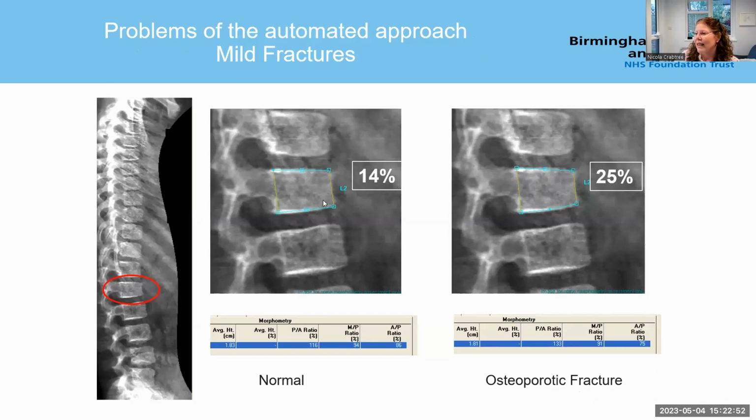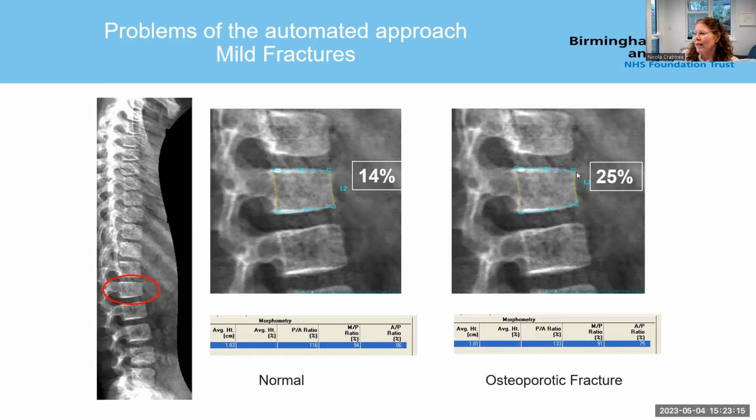So this is actually the same vertebra that you're looking at. And here we can see the points of the anterior vertebral body have been marked, and they appear to be in the right position. And if we look at the ratio between posterior and anterior height, we can see that there's been a 14% height loss. Now, with some definitions, that would be considered normal.